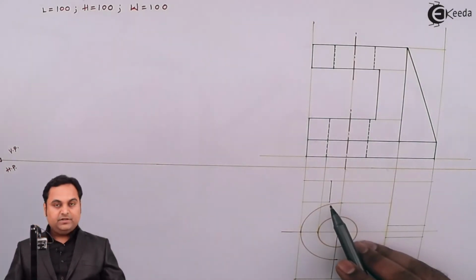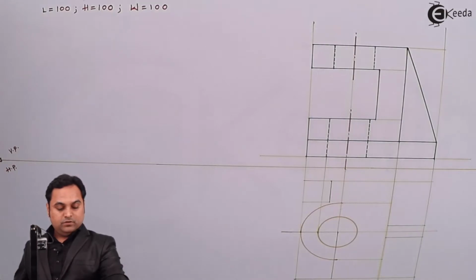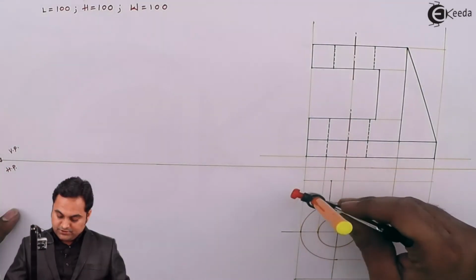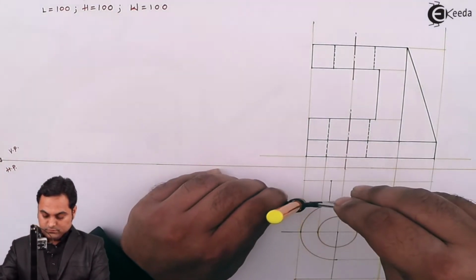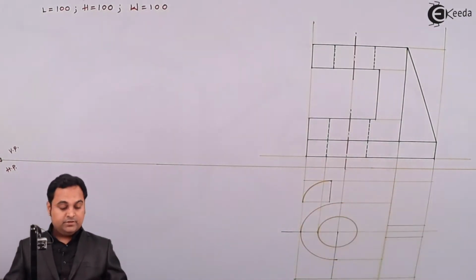So this is the center, and here we have to draw a quarter circle of radius 20. Measuring this radius, drawing a quarter circle here.